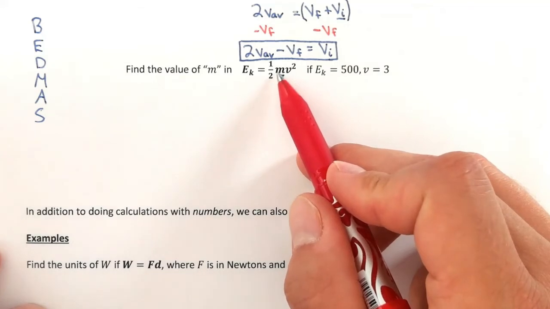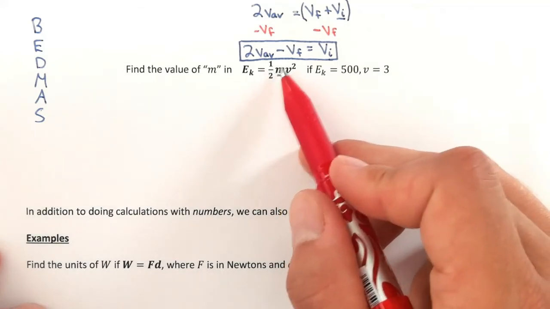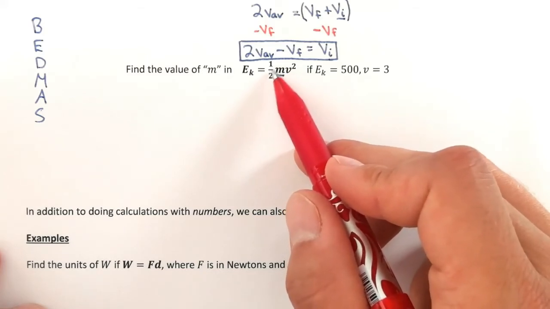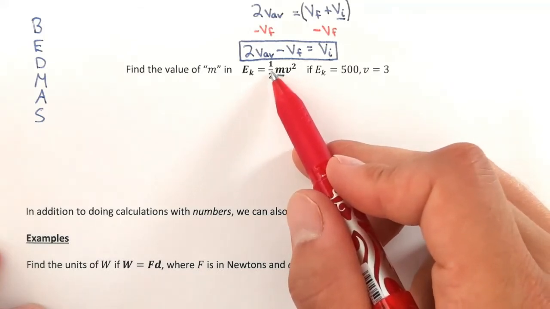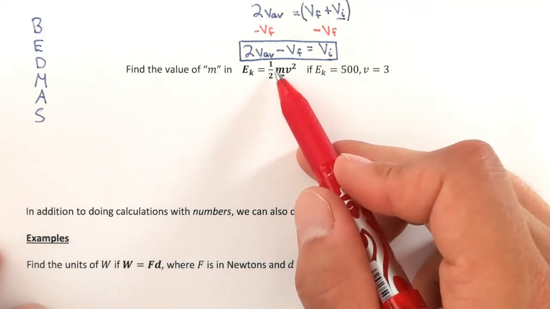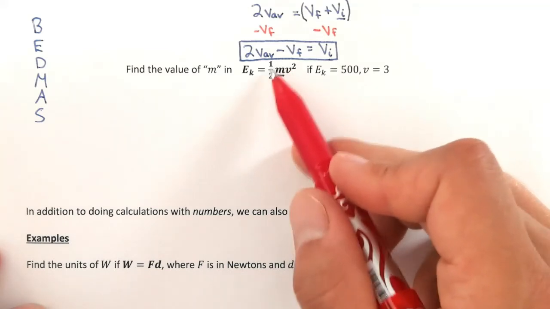There's a few different ways to think about how to undo multiplication by 1/2. One way is, because here I'm multiplying by 1/2, I could undo that by dividing by 1/2. I can also think of it as when you multiply by 1/2, you basically cut something in half. So to get it back to where it was, you double it. In other words, you could multiply this side of the equation by 2.